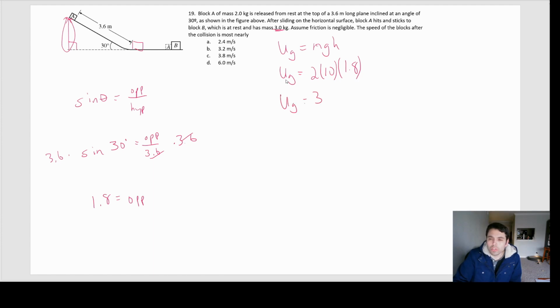So 36 joules of gravitational potential energy. And as we go down the ramp, we're going to lose potential but gain kinetic. So by the bottom of the ramp, all the energy that was potential is now kinetic.